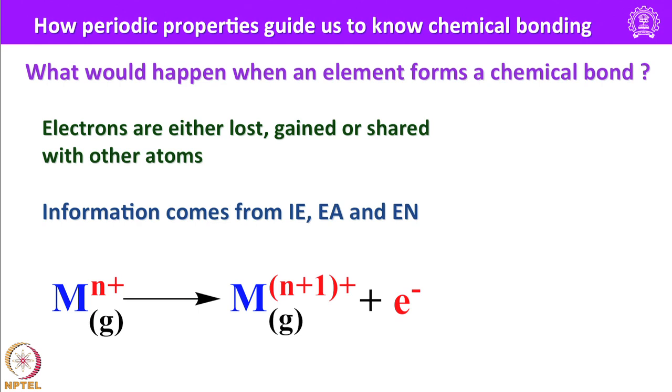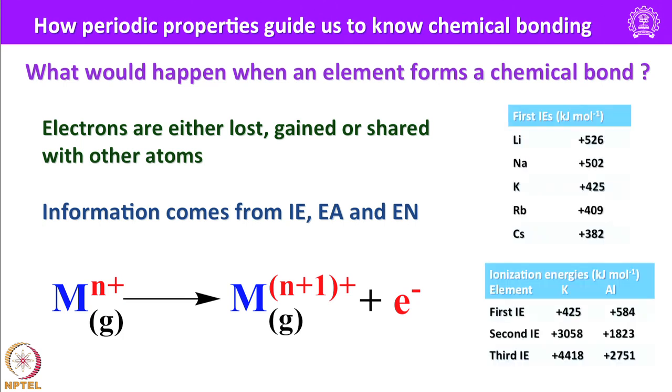So, this information, which atom is losing an electron or which atom is gaining an electron, or whether they are sharing, all comes from these three terms, that is ionization enthalpy, electronegativity, and electron attachment enthalpy. For example, look into the equation I have given. You take M, a gaseous atom or an ion, and when you ionize it, it loses one electron to go to the next oxidation state.